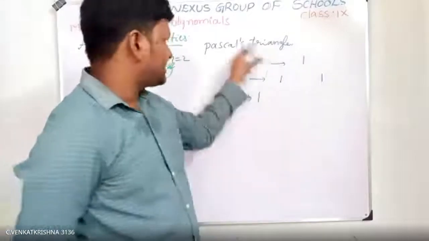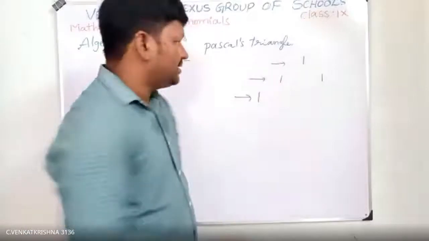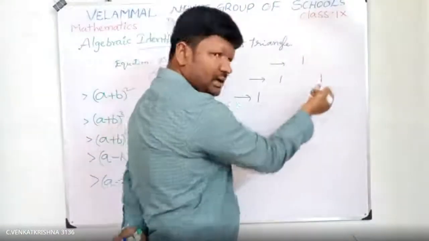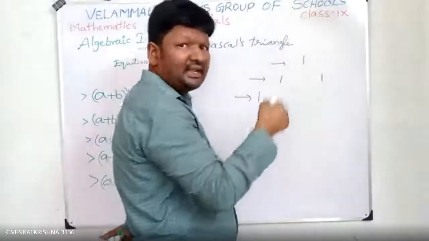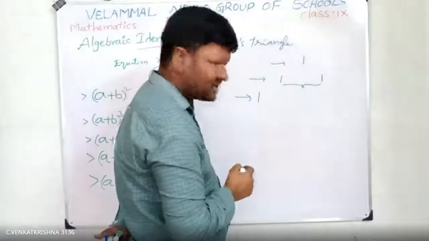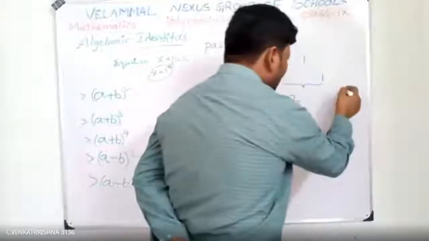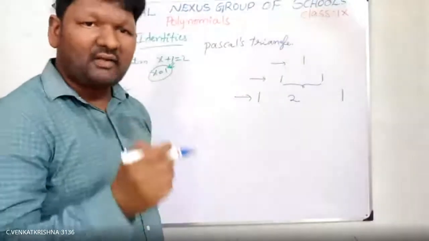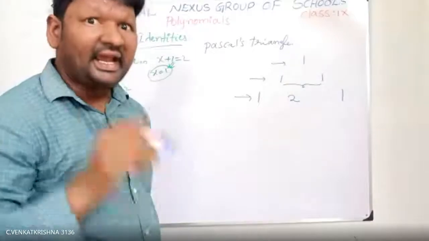So the first term is 1. In the second row, 1, 1. When I write the third row, we start with 1, and the next number is the sum of these two, 1 plus 1, which is 2. Then end with 1.